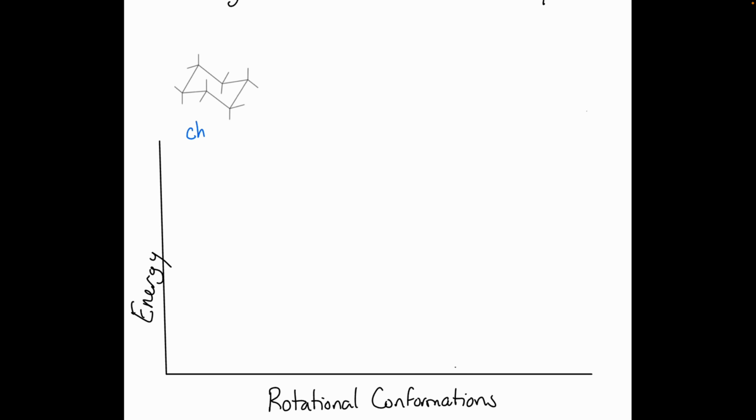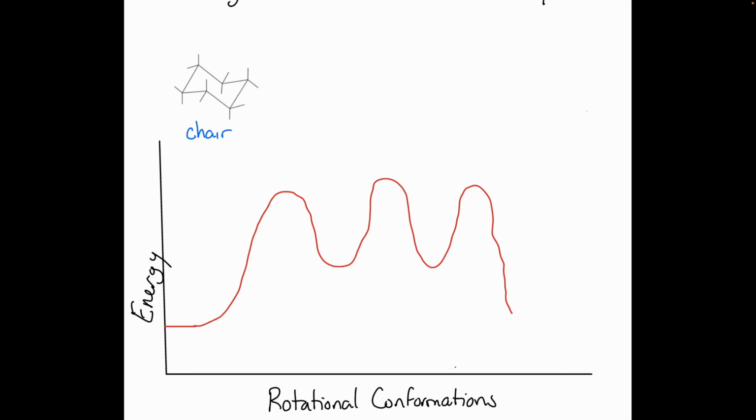So what we start out with is our chair structure. That is our lowest energy rotational state for cyclohexane, so down here at the bottom. What's going to happen is those bonds are going to start to rotate, and they go through a series of different intermediates until finally we arrive back at another chair conformation, what we're going to call our flipped chair.